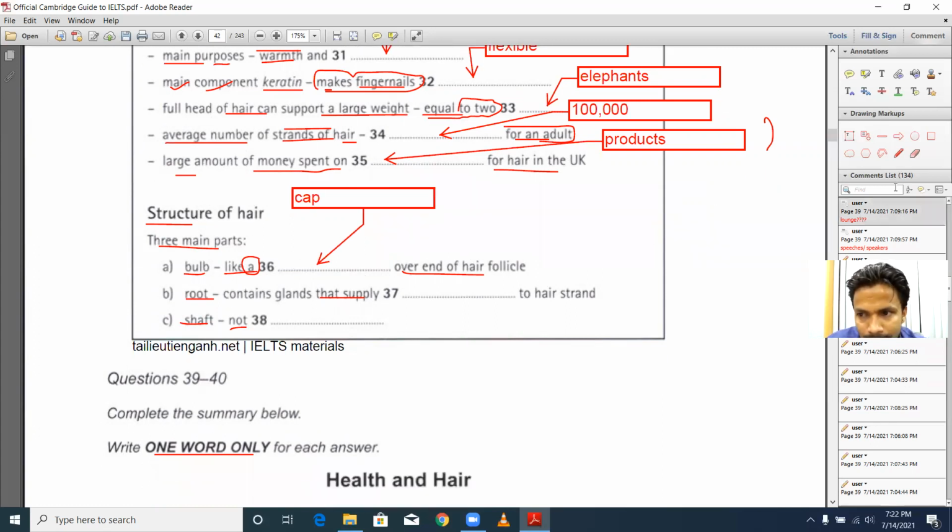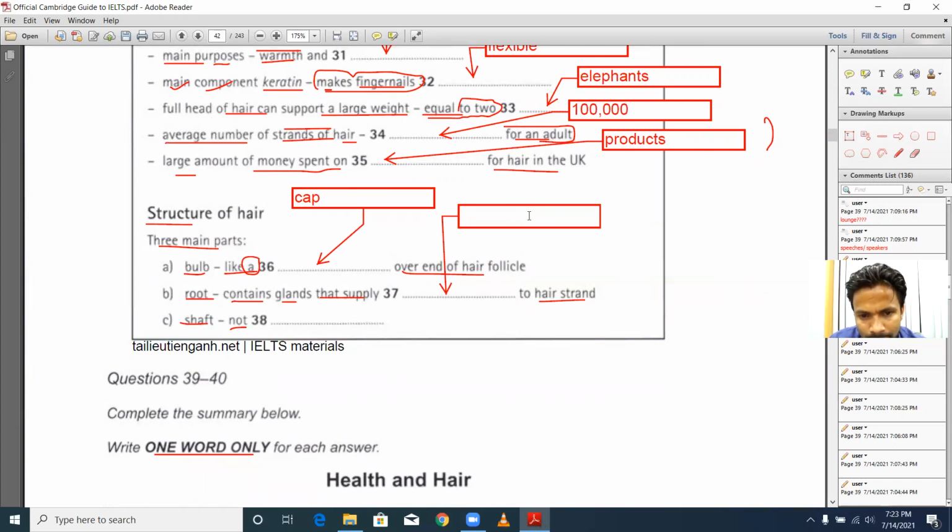The next part of the hair is the root, and this is the part of the hair which lies just beneath the skin, and in terms of hair production, is the most important. This can be considered the control center for each strand of hair, and is where the glands are found.